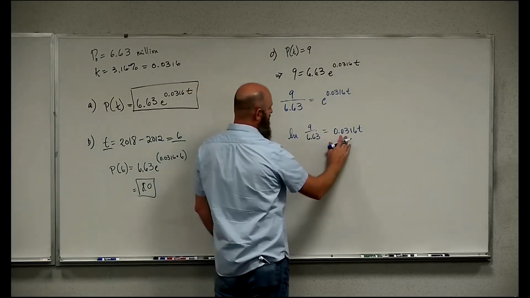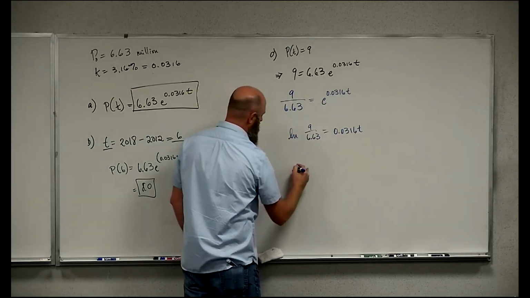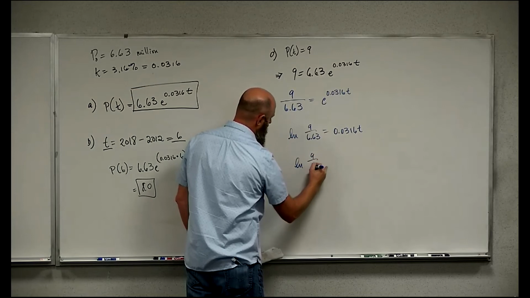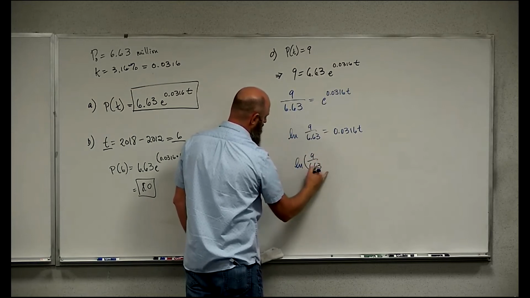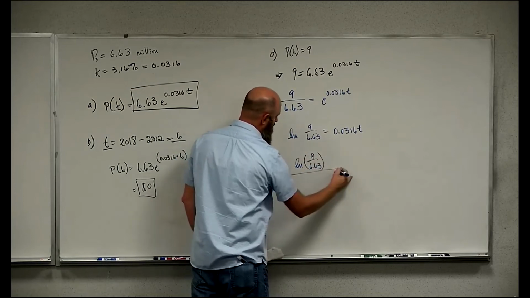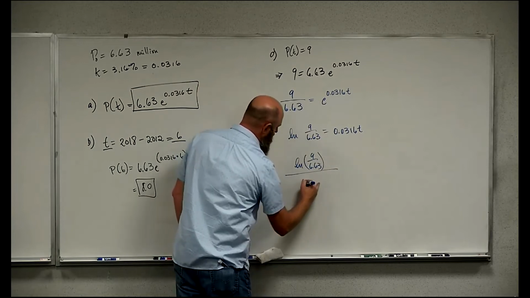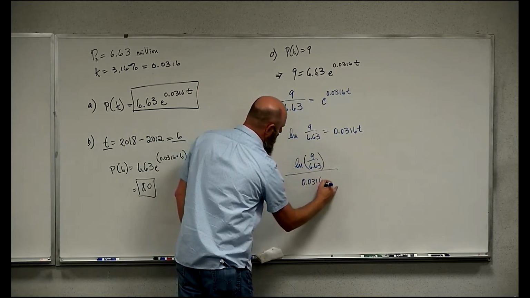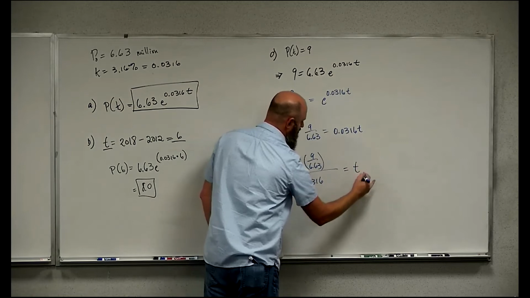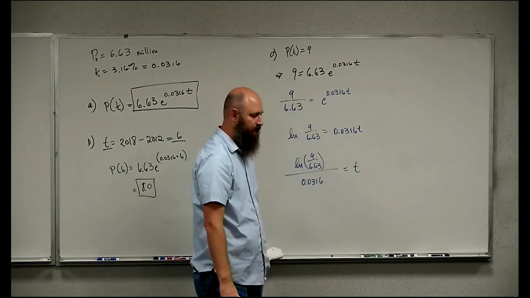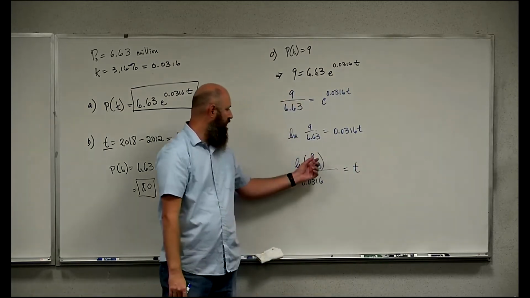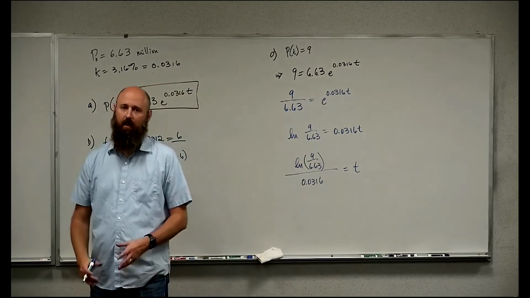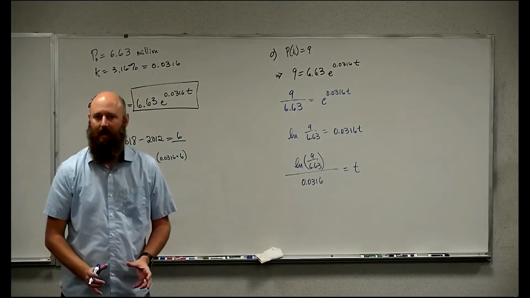Well, finally, we need to divide this number off the t, and so we're going to get ln of 9 over 6.63, probably want to put this in parentheses, divided by 0.0316 equals t. Okay? And you do want that in parentheses when you go to plug in the calculator, but t is by itself now.